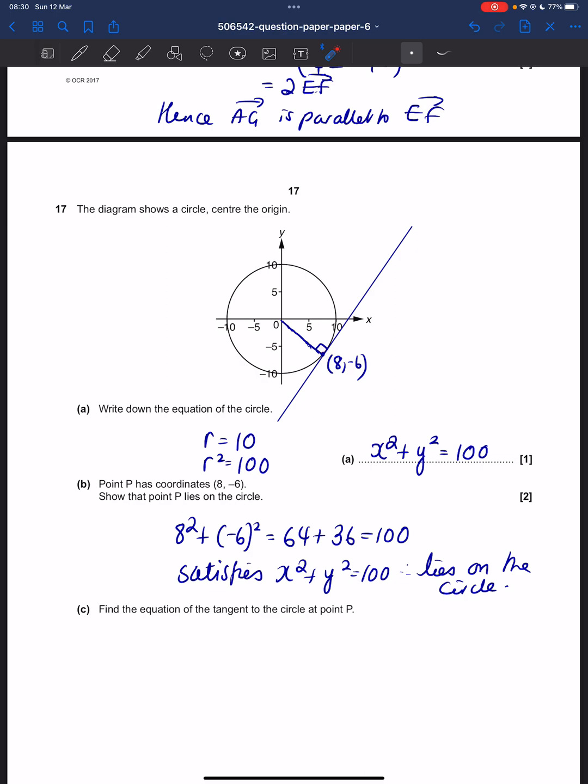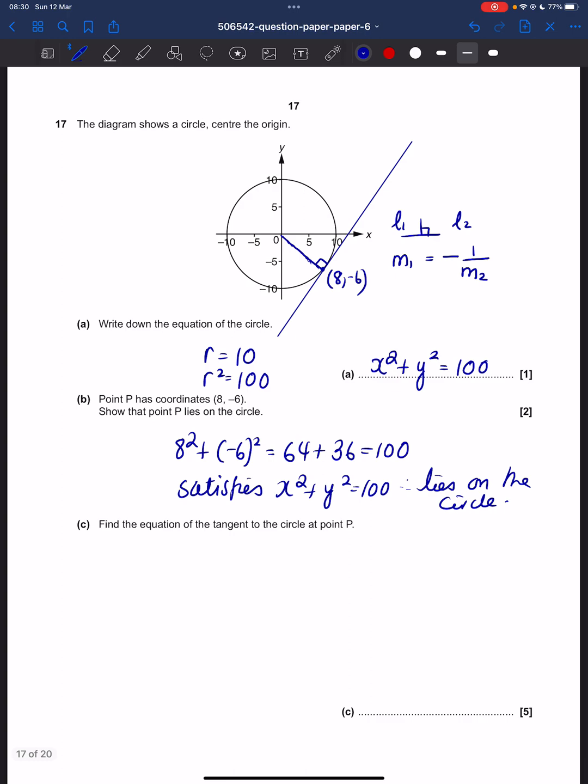Okay, and if you also remember, I'll put that in the diagram, if you've got two perpendicular lines as we have here, if line 1 is perpendicular to line 2, then m1 is the negative reciprocal of the gradient m2 of the line L2.